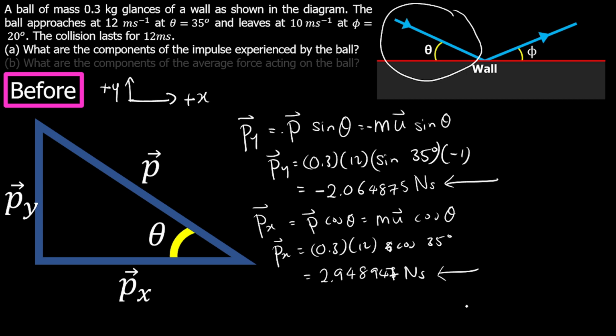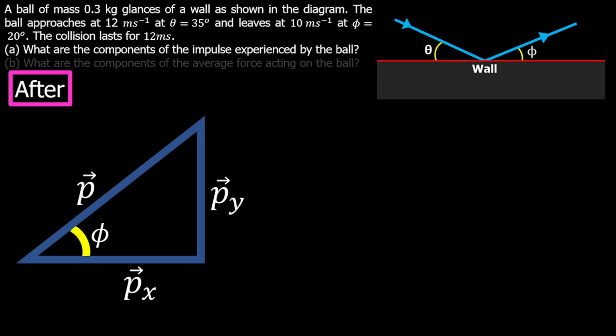Let's work with the after. So here's the after. Again, we can have py equals p. Again, it's going upwards, so it's going to be positive. So p sine phi, and that's going to be mv sine 20 degrees.